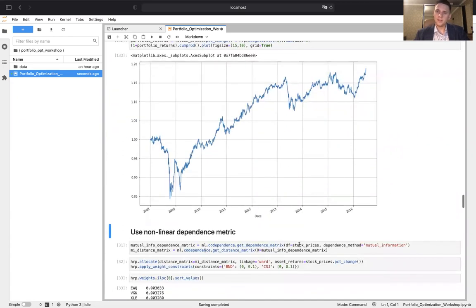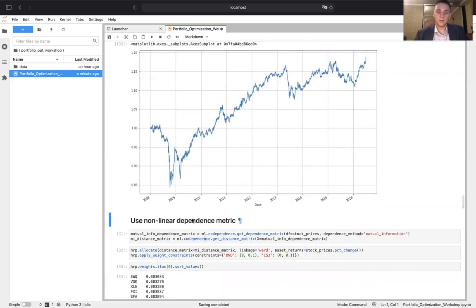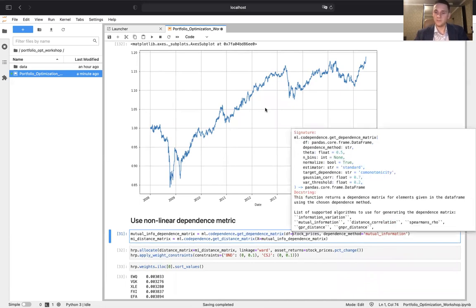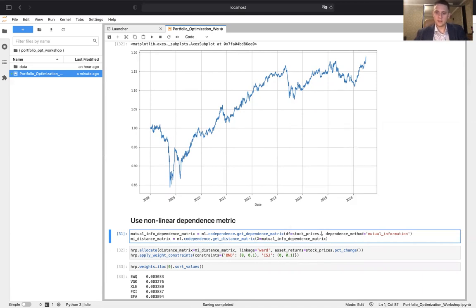But now let's say that we don't want to use linear Pearson correlation in our hierarchical risk parity algorithm. So how can I do that? Let's start with a function from MlFinLab, which creates the dependence matrix out of your stock prices data frame. Here we use our stock prices data frame as input, but instead of that, it is a mistake.